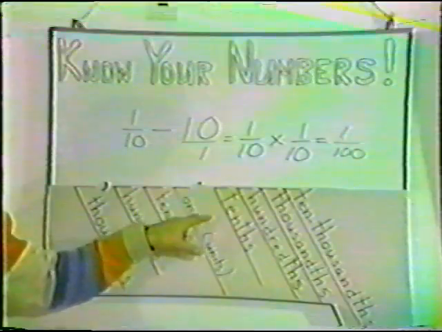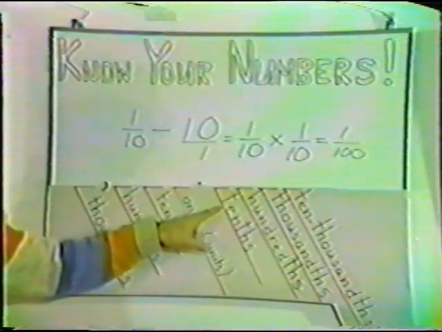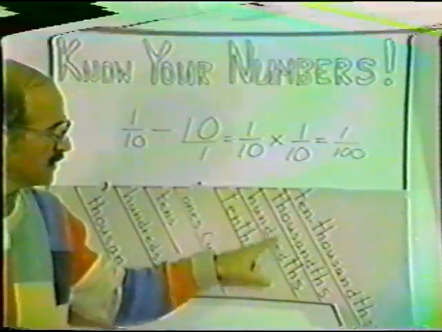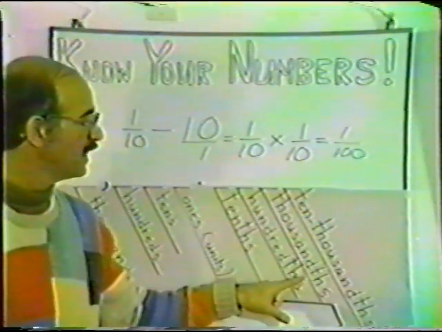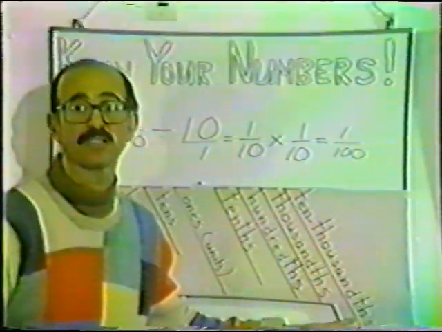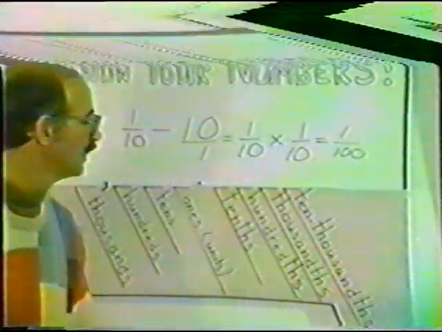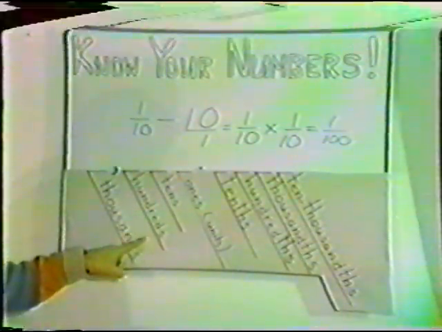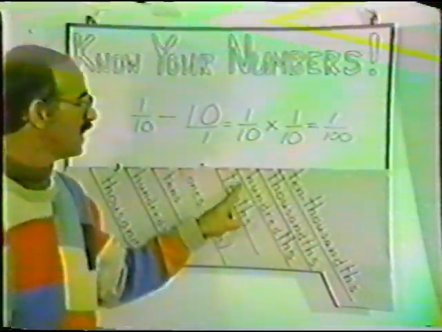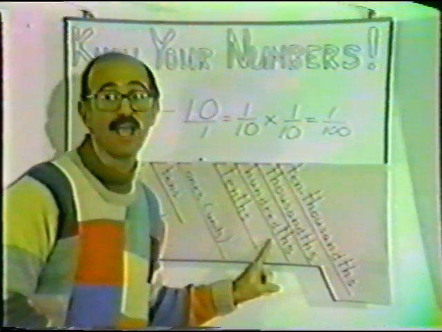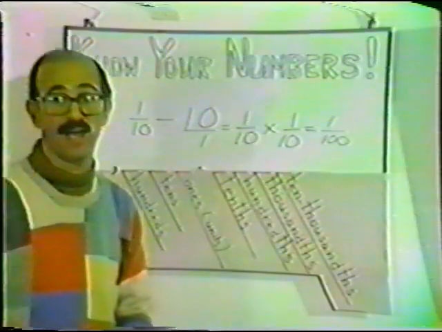So these places over here are the tenths place, the hundredths place, the thousandths place, and even the 10,000ths place. This one we say hundreds, but this one we say hundredths. There's a TH at the end.